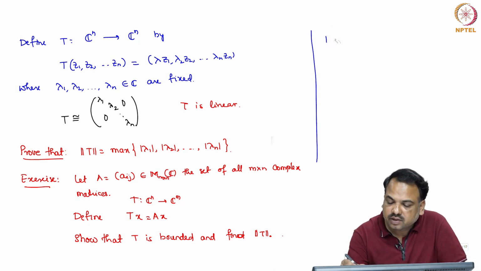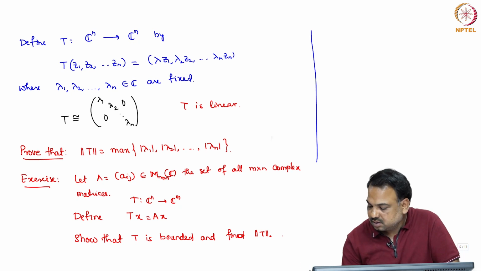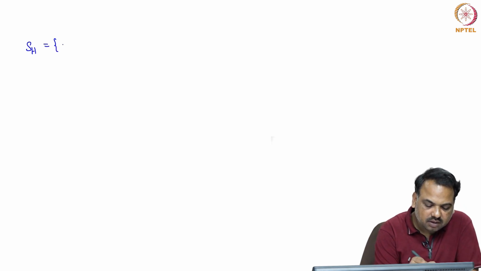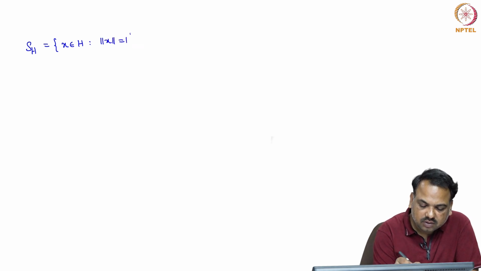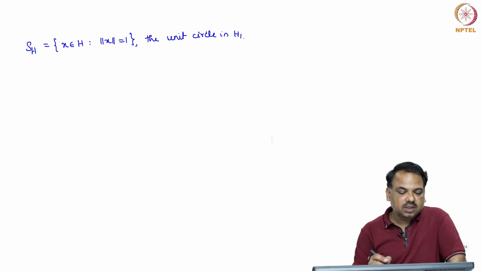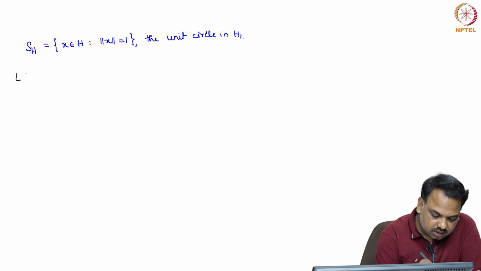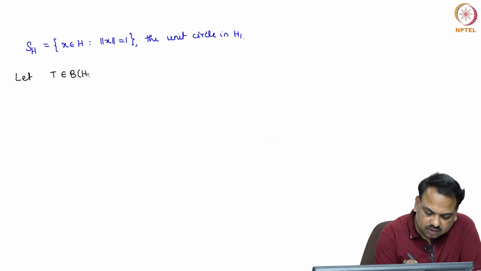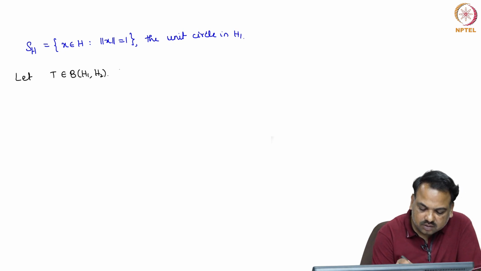So let us fix a notation. Let us write S_H as the set of all x in H such that norm x equals 1, the unit sphere in H1. Now, let T be a bounded linear transformation from H1 into H2.